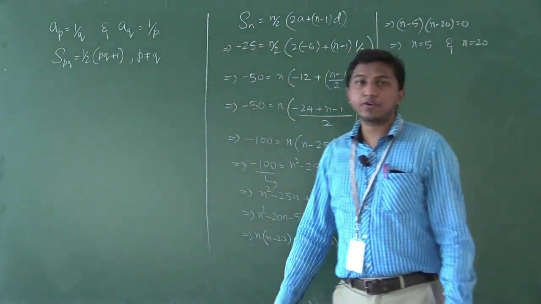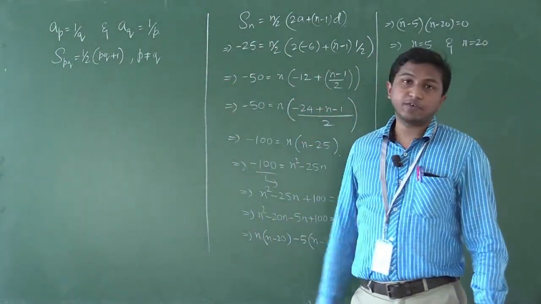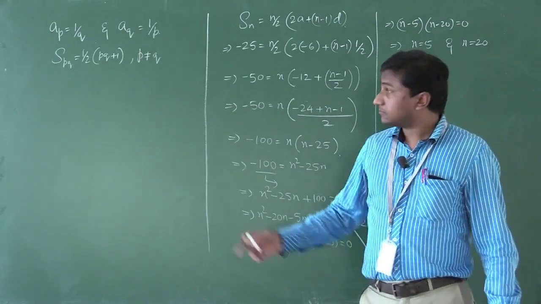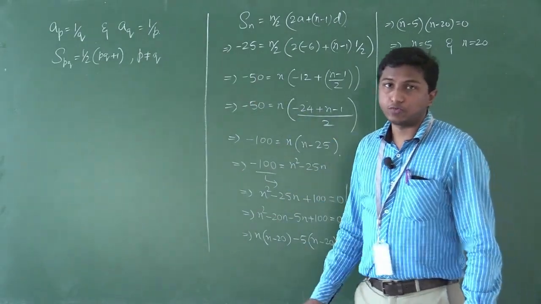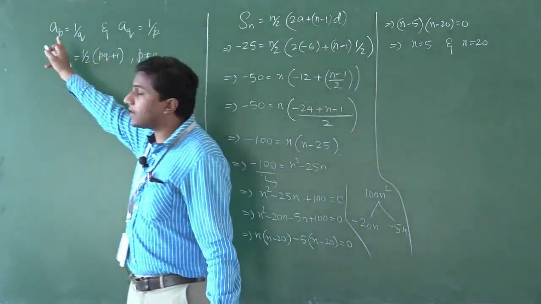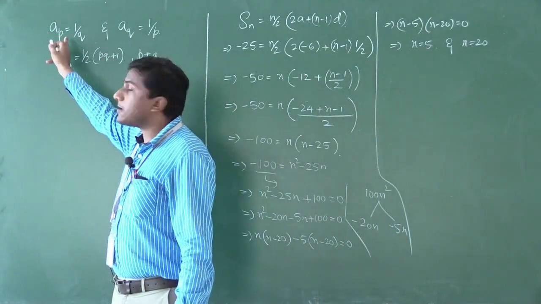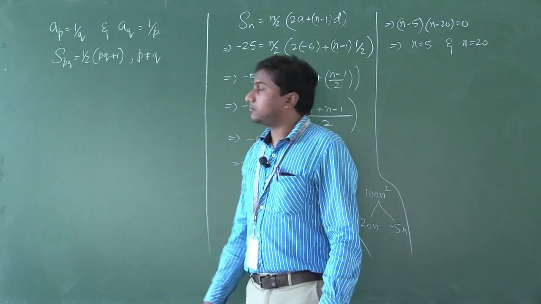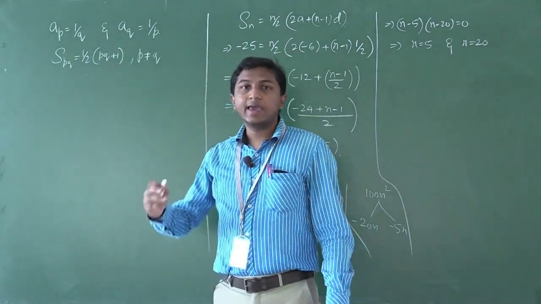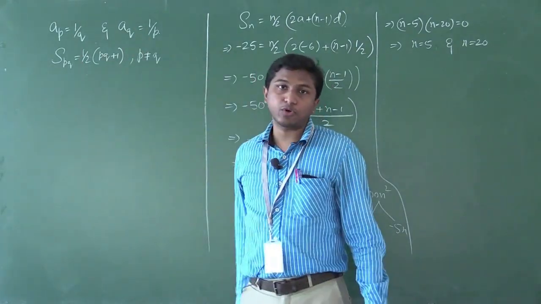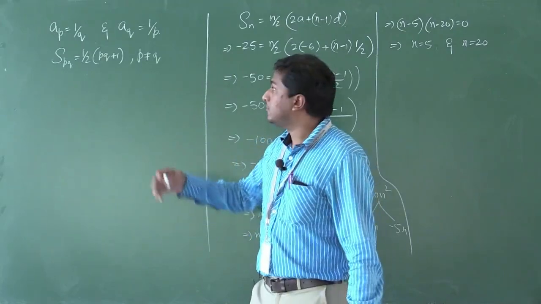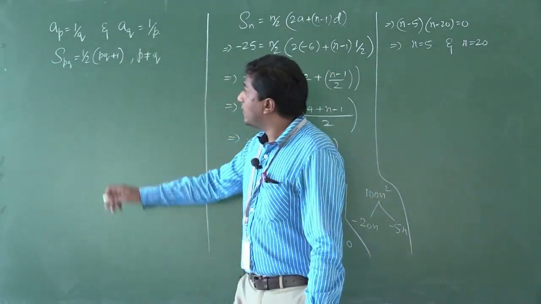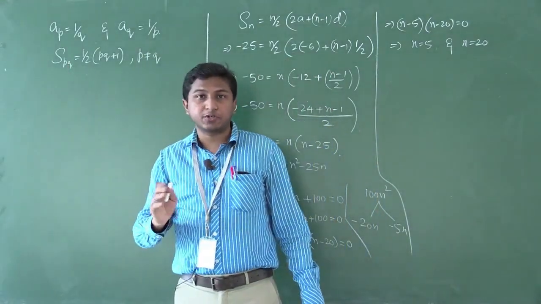What is given in the question? It is given that the P term is 1 by Q. So in other words, I can denote the P term by AP equals 1 by Q, and the Q term I can denote as AQ. It is nothing but equal to 1 by P. We have to prove what? The sum of first PQ terms.